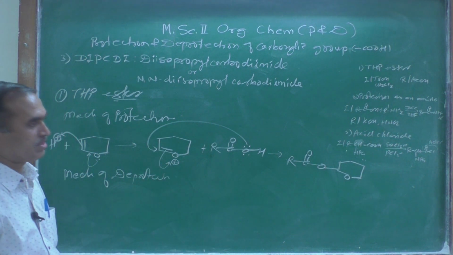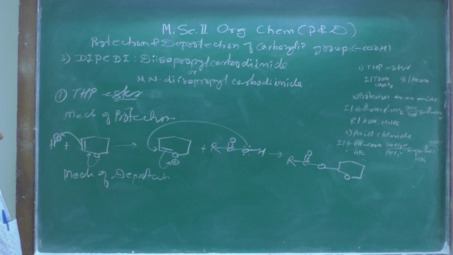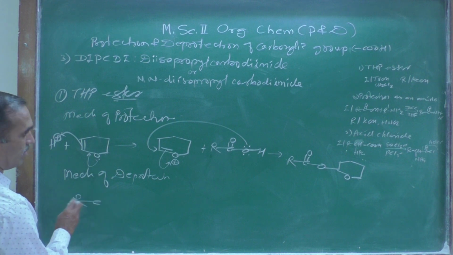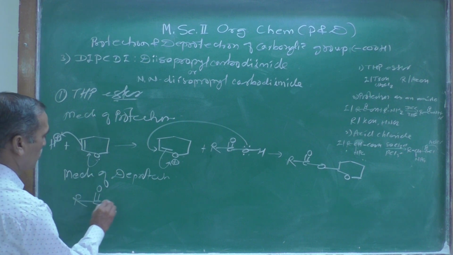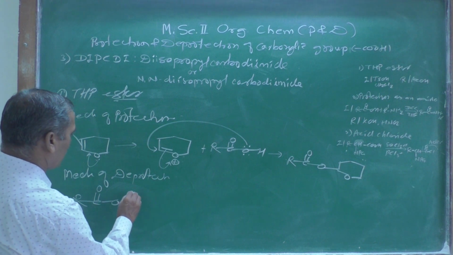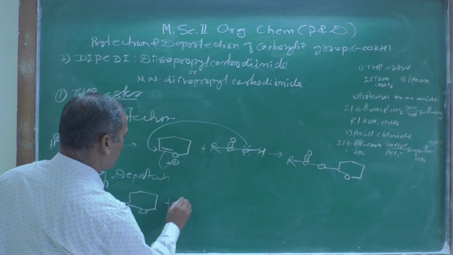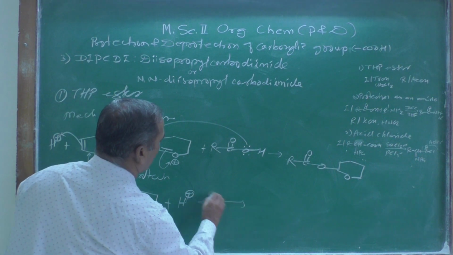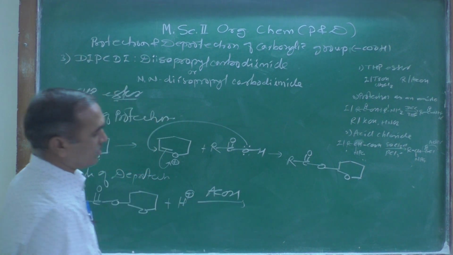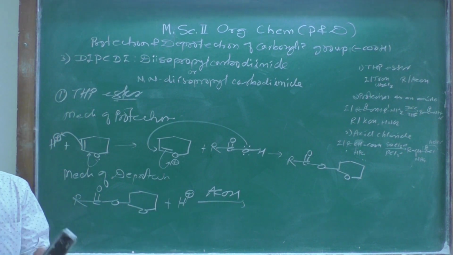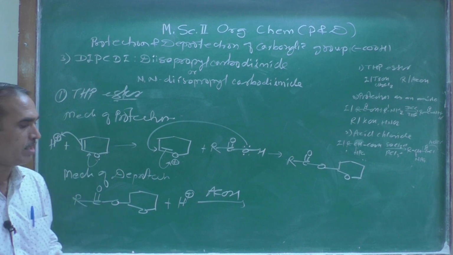The mechanism of deprotection can be done under acidic condition. Let us see that protecting group once again, RC double bond O, then the next one, this one, right? Now that will be treated with H plus, which is nothing but whatever acid we are using, as acids always generate H plus.